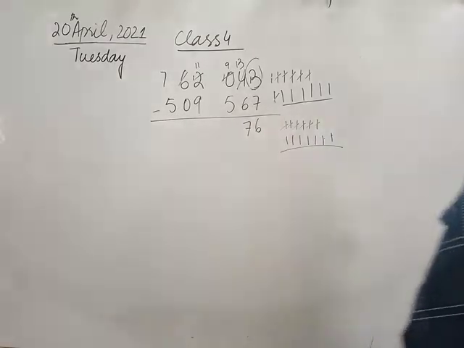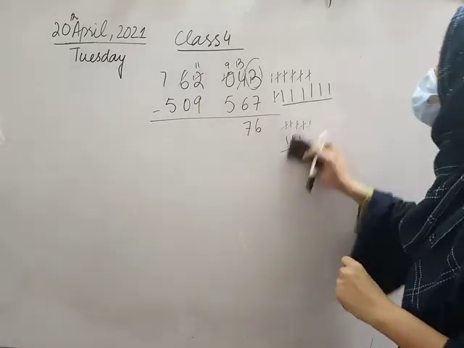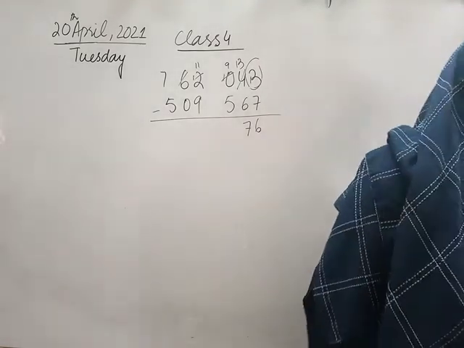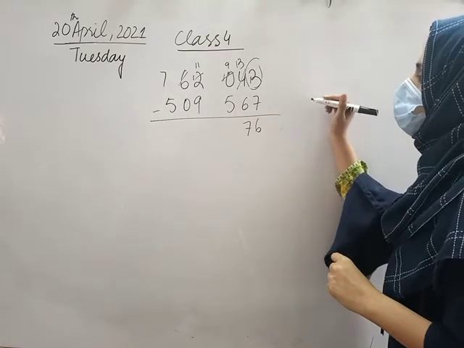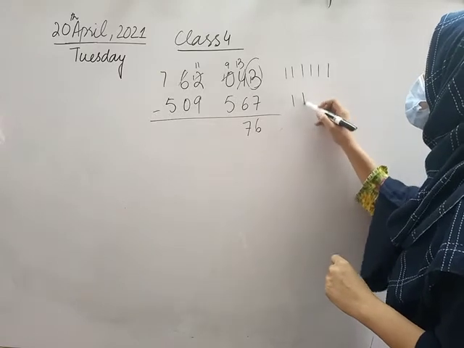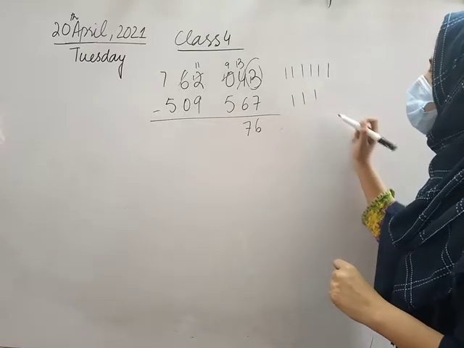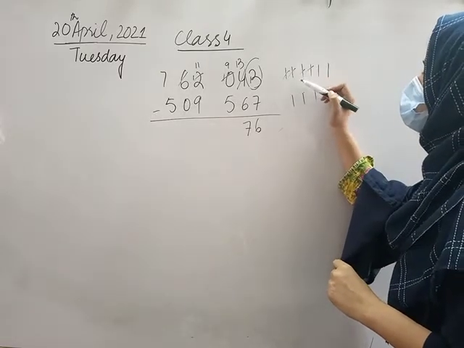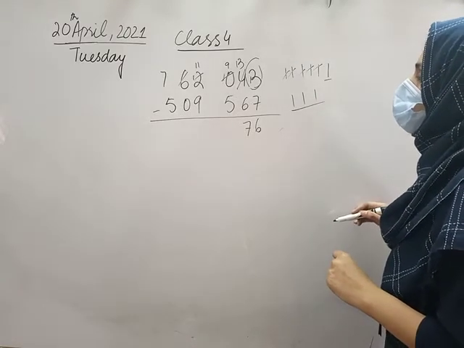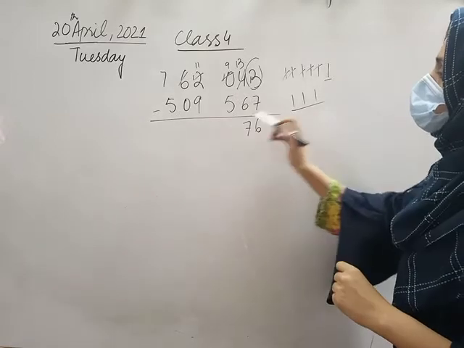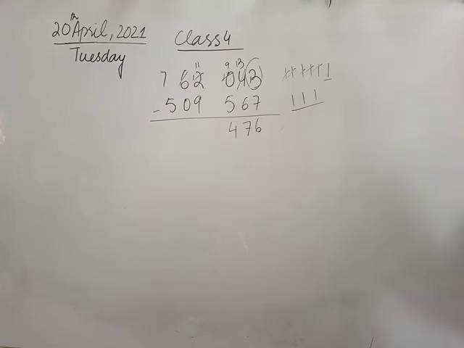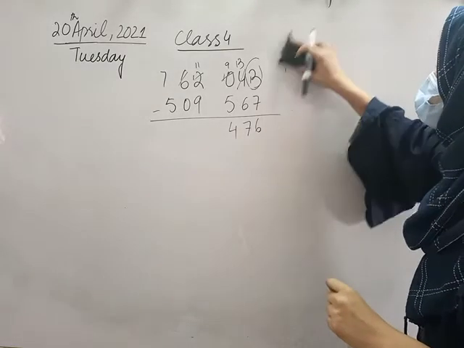Next number which is 9 minus 5. 1, 2, 3, 4, 5, 6, 7, 8, 9. 9 minus 5. So 1, 2, 3, 4, 5. How many are left class? Very good. 4. How many are left? 4.